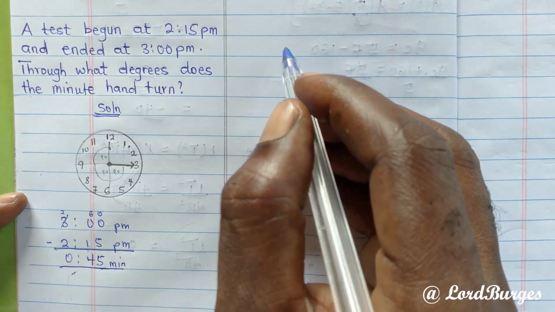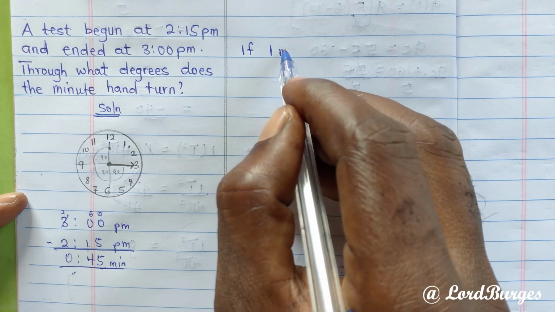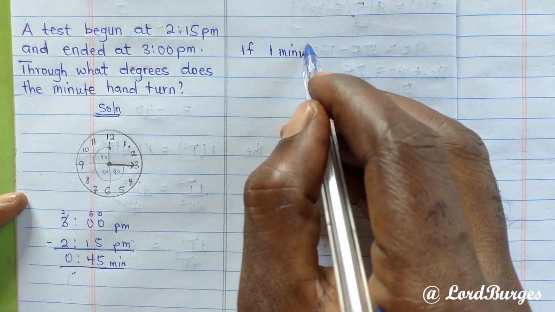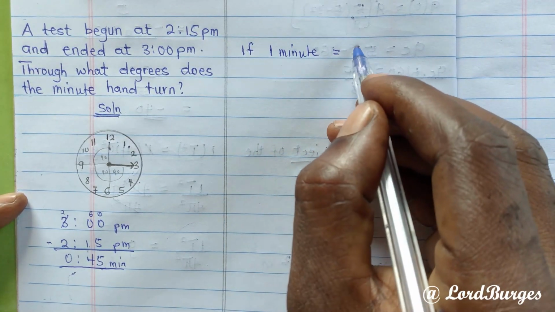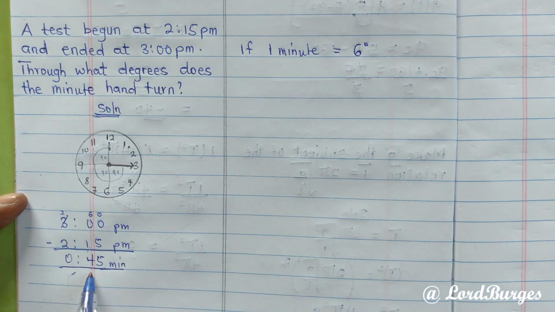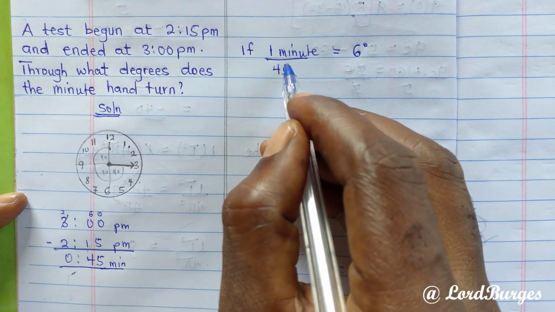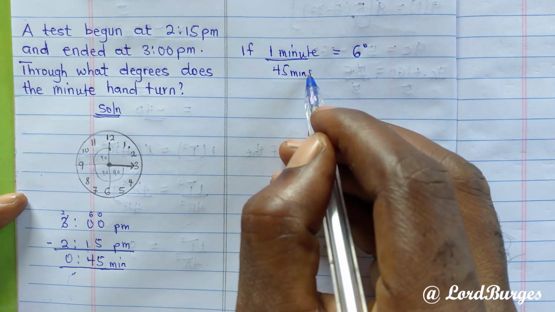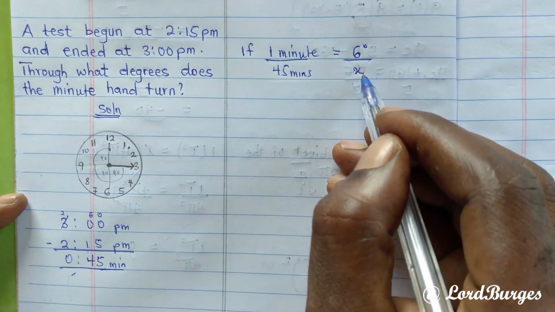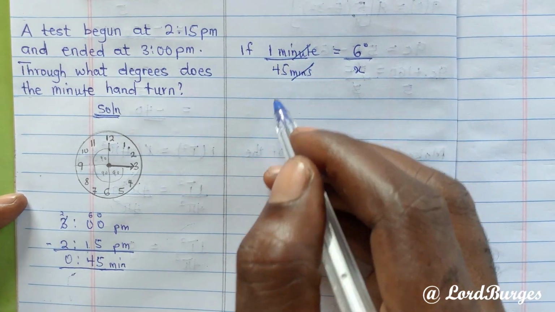So if 1 minute movement is giving us 6 degrees, then the minute hand moved for 45 minutes, then 45 minutes will give us what degree, such that minutes will cancel minutes.